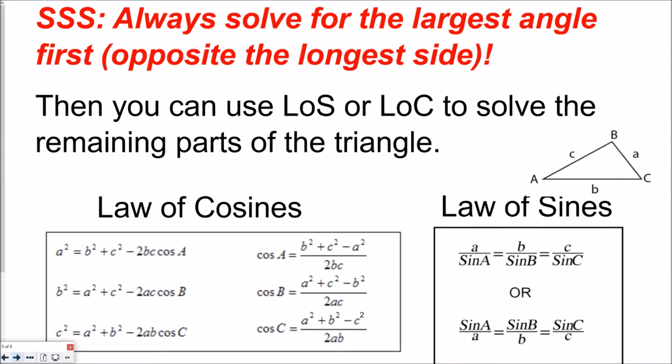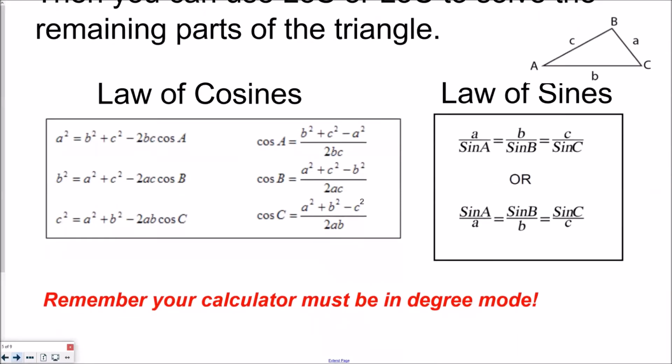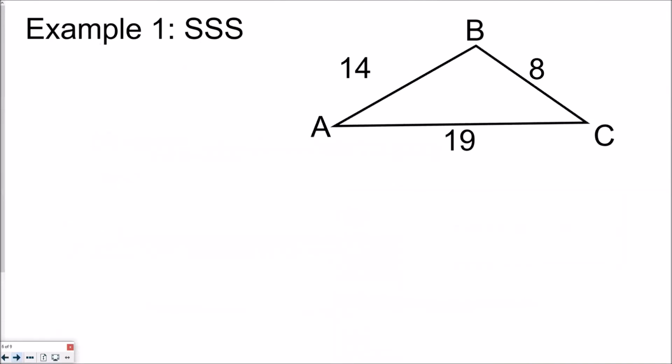You want to solve for the largest angle first because that could be an obtuse angle. Does that make sense? Then you can use law of sines to figure out the rest of your triangle. Of course, we need to be in degree mode. Okay, so we'll do one of these.